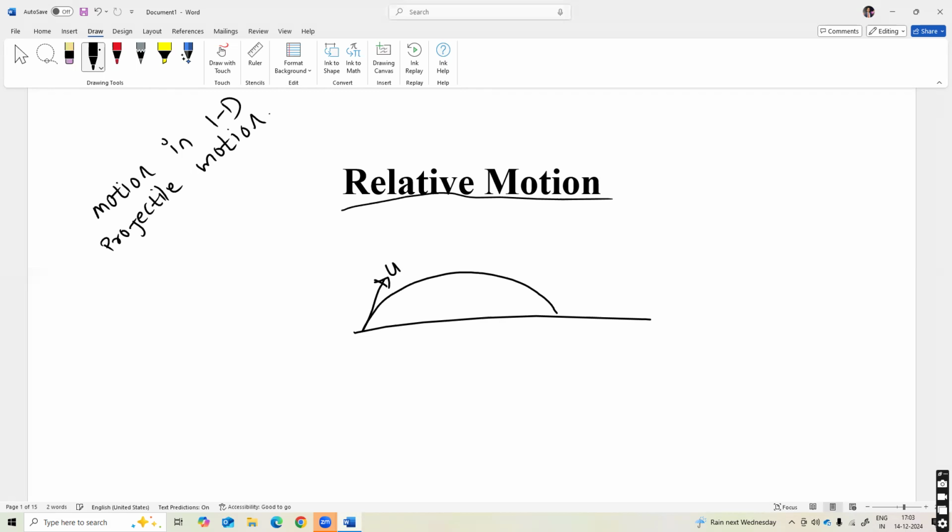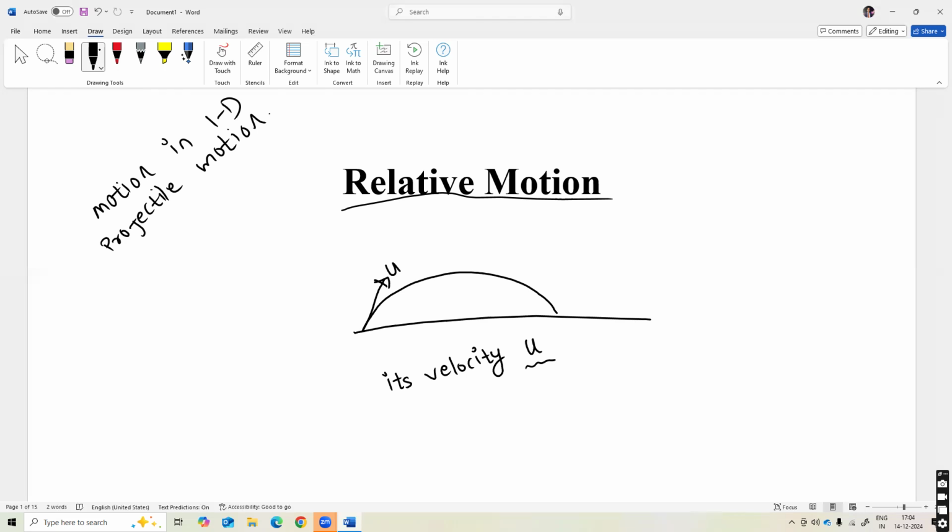When we say its velocity is u, the value u is with respect to the ground or something which is stationary on the ground. So we directly say the velocity is equal to u, and basically it is the relative velocity of this object with respect to the ground.